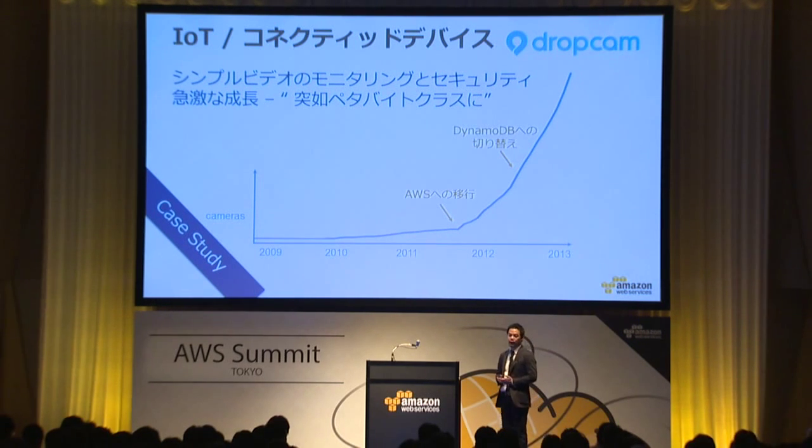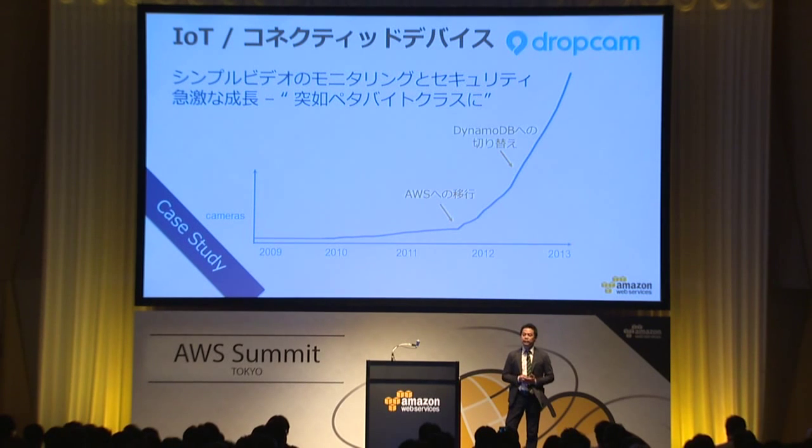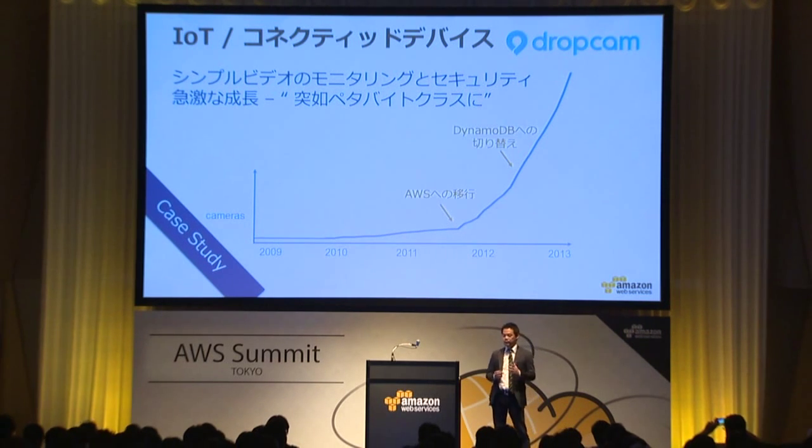Well, they actually migrated to AWS at the end of 2011. The reason is because the volume of the data was exploding. Per one user, 100 gigabytes per month worth of data is stored. I think according to their blog, they store more data than YouTube.